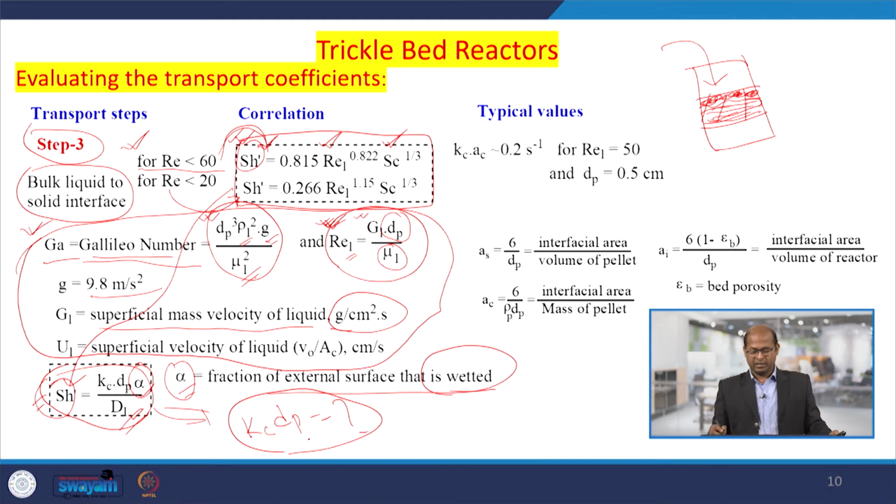Here is another thing, AS, that is the interfacial area of the catalyst particles per volume of the pellets; these correlations you have to use.